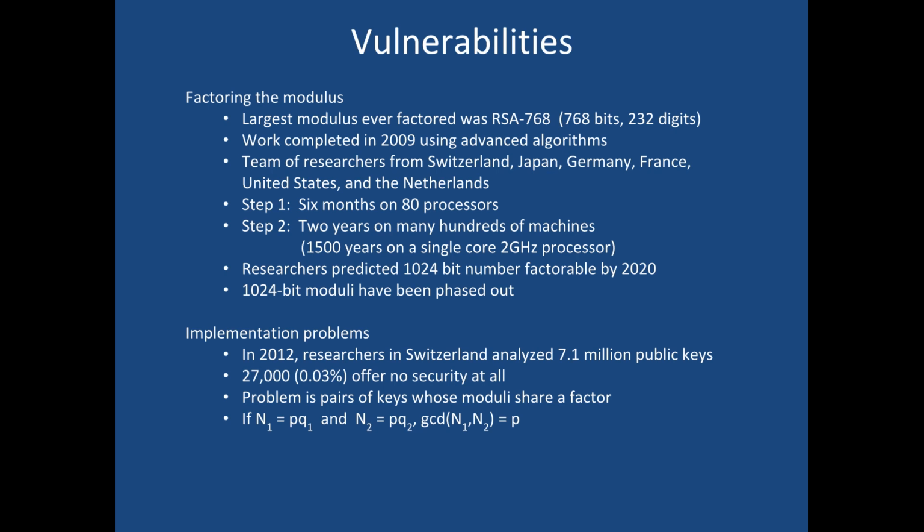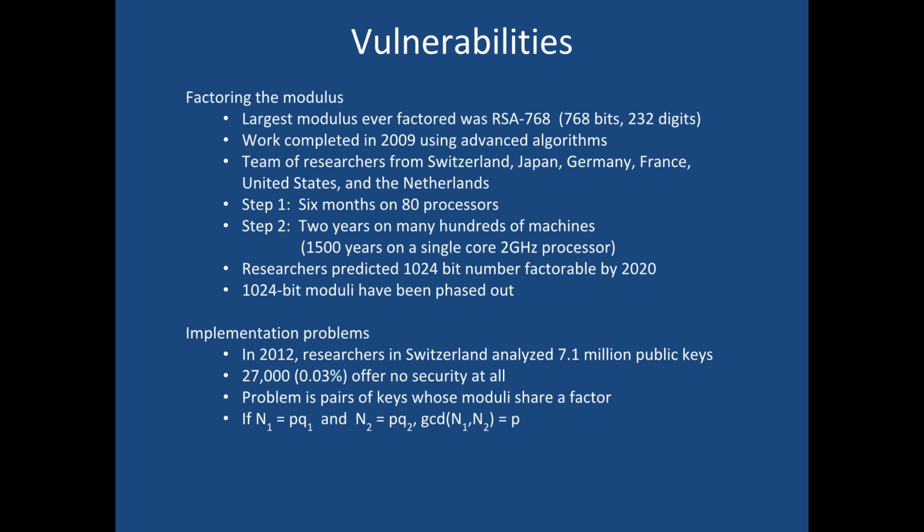I don't know if these keys came from the same software that generated them, but they weren't random. So the security of RSA depends on the prime. You want to generate a prime that no one has generated before. Because if someone has generated it and used it in an RSA key, then you're vulnerable. So you really got to have a good random number generator.